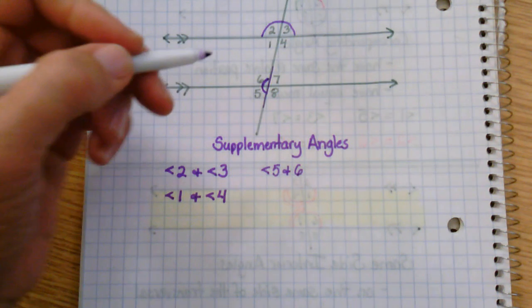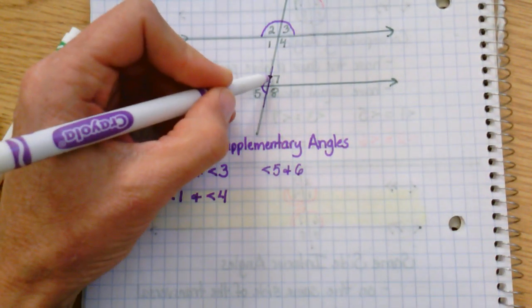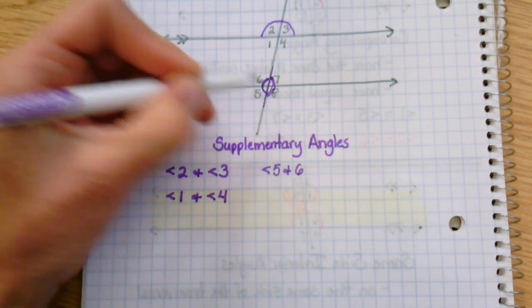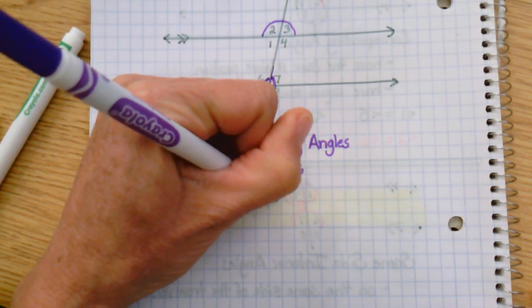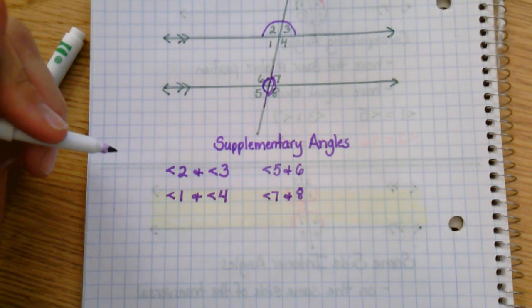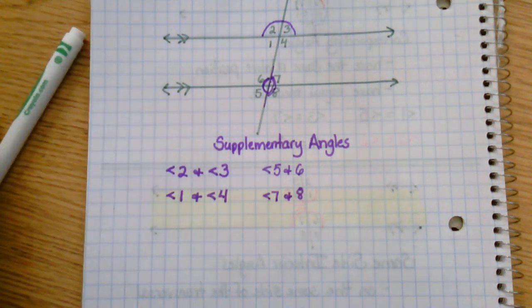And on the other side of that line, angles 7 and 8 are also supplementary over here. There are more pairs of supplementary angles than just those 4 pairs. Pause the video and see if you can find the other pairs of supplementary angles.